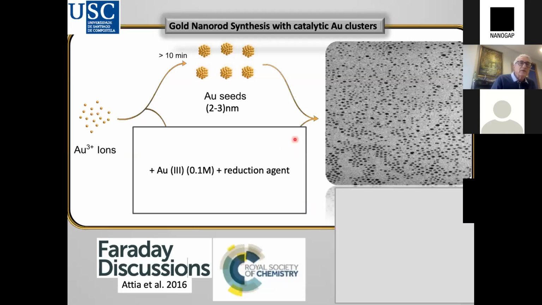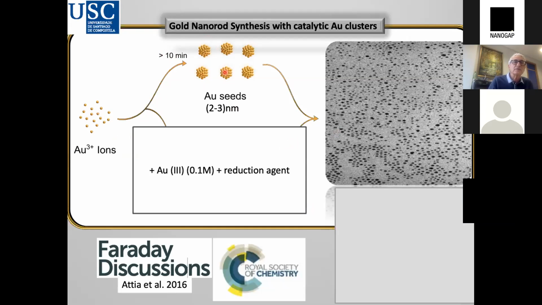This is the following. There is a well-known recipe to obtain different shapes of nanoparticles. For example, when you have gold ions and you introduce a reductant in the solution, then you can form these seeds or nuclei after 10 minutes.